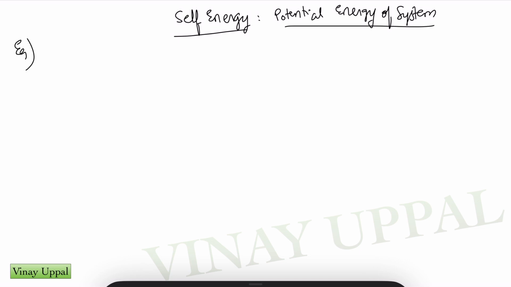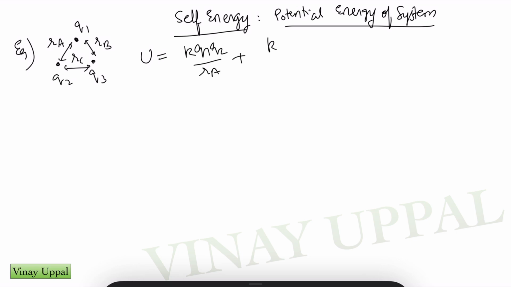So for example, if I have 3 charges, let's say these are distances RA, RB, RC between the pairs of charges. If I want to write the self energy of the system, it's just the potential energy of all the interactions. So that will simply be K Q1 Q2 by RA plus K Q1 Q3 by RB plus K Q2 Q3 by RC.